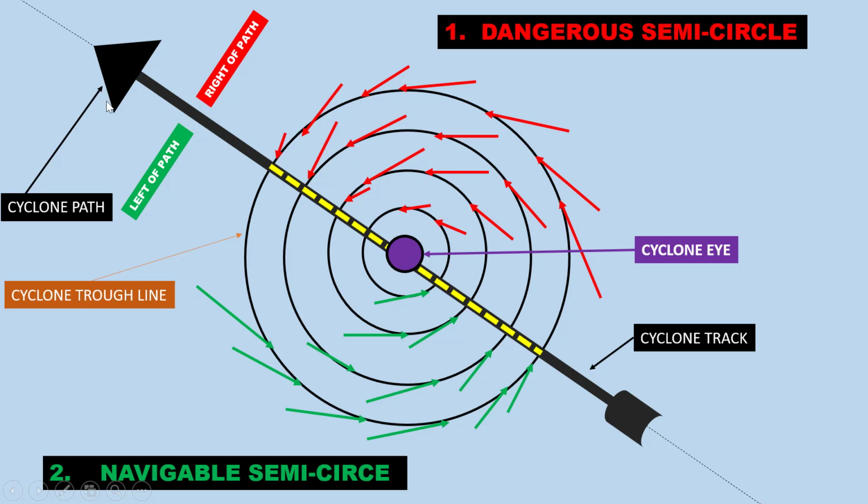You have the path of the cyclone heading upward, and right of the path you have the dangerous semicircle, and left of the path you have the navigable semicircle. The circles you have are called the cyclone trough line, and the area with the purple color is called the cyclone high. So these are the things you need to know about a tropical cyclone.